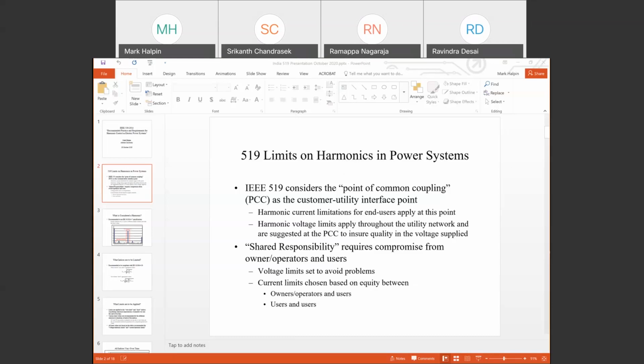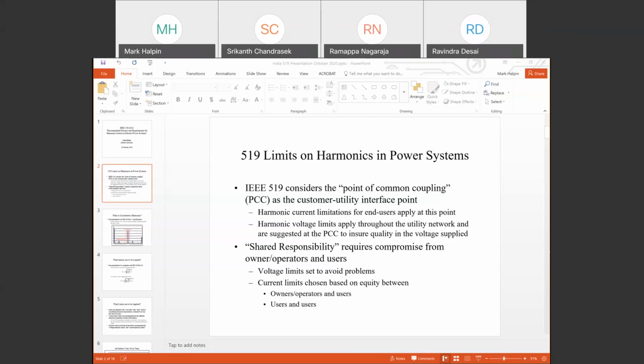The exact location of the point of common coupling in a particular situation is not the overly critical point. The critical feature of the concept of the PCC is to make sure you understand that nothing in 519 is intended to be applied inside a facility or to any individual specific piece of equipment. And that's very important to understand.